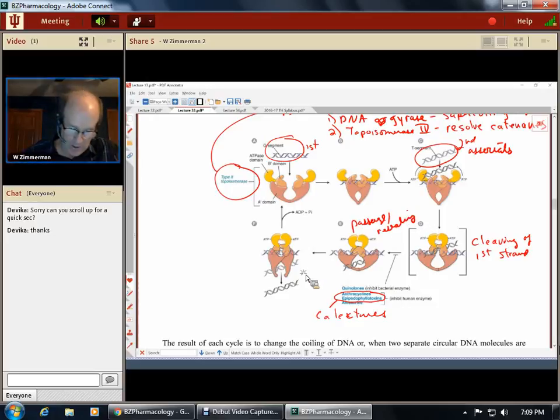Assuming both of those occur, the DNA gets passed through and we've got a change in the coiling.